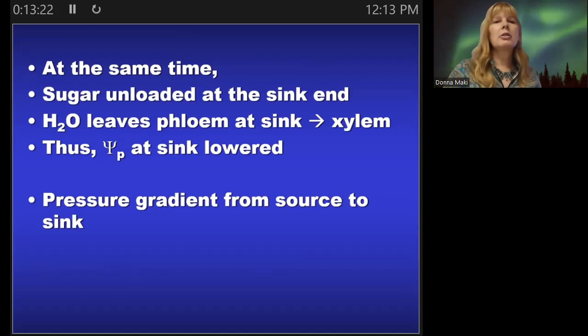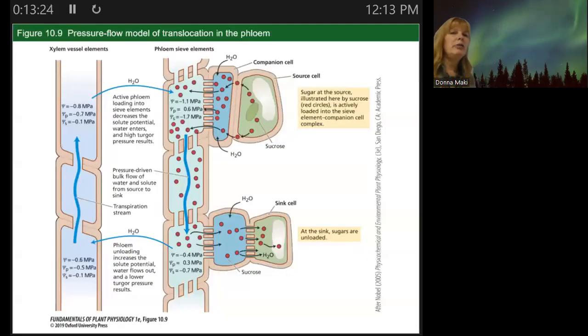Okay, so let's go here. And you've seen this. So, okay, there's a weird thing going on here. So I just told you that sucrose dissolved in the water is going to move from source to sink based on a pressure gradient. So we're talking about water movement. Now let's look at the overall water potential up high in the source.